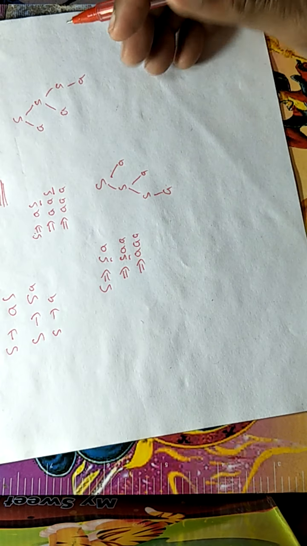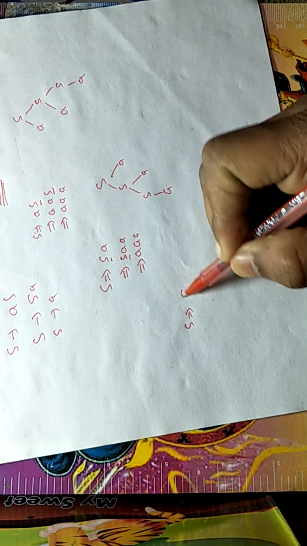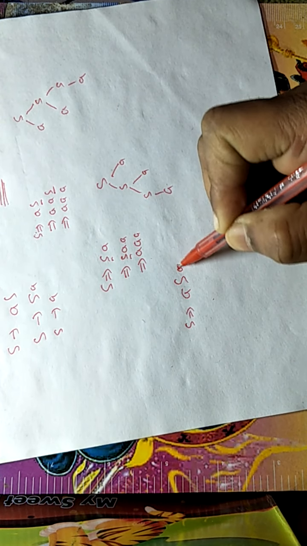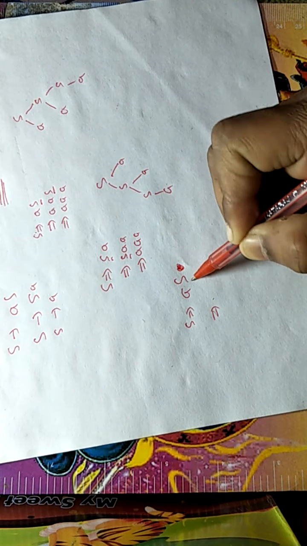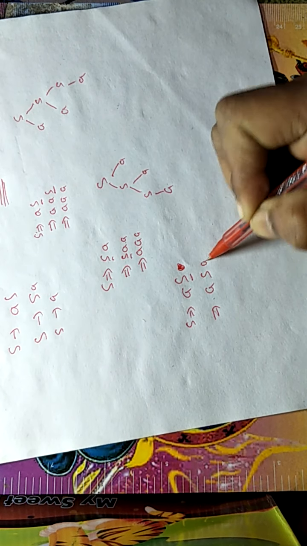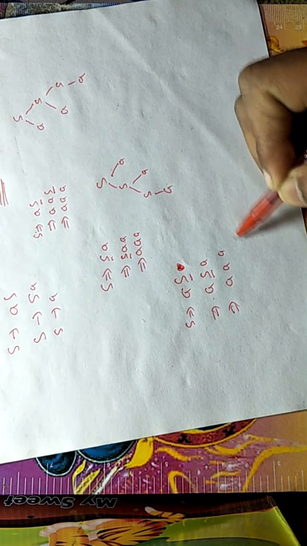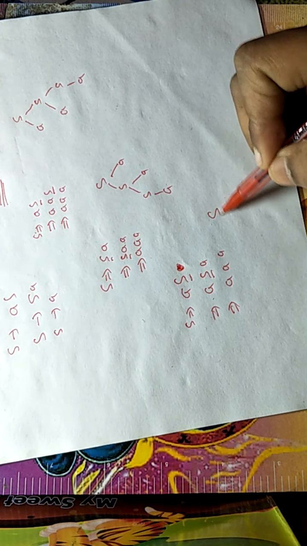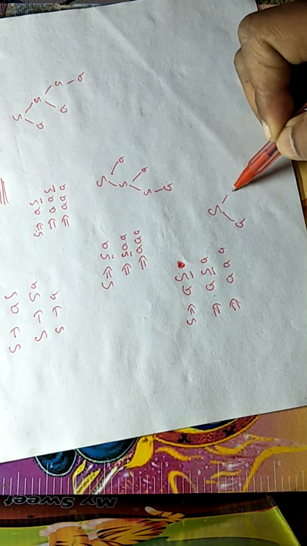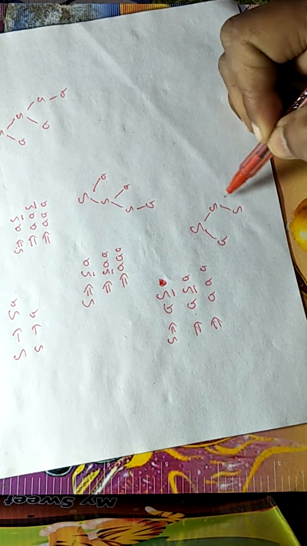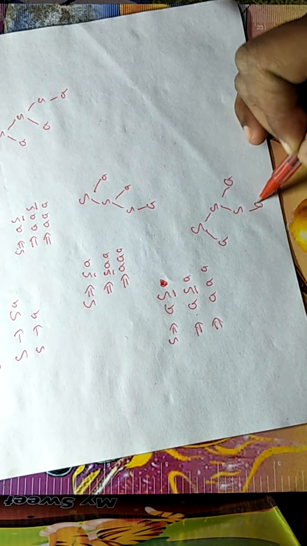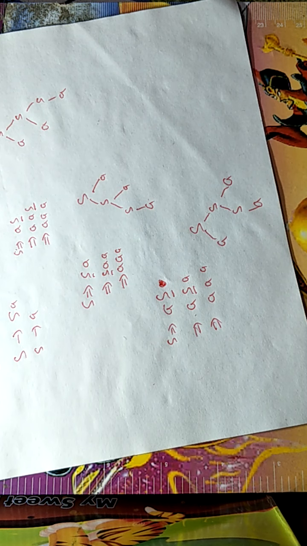I can also derive AAA as S tends to AS, then replacing this S by SA, and then replacing this S by A. So here the derivation tree will be like AS, then SA, then A. So there may be more than two or three derivation trees.